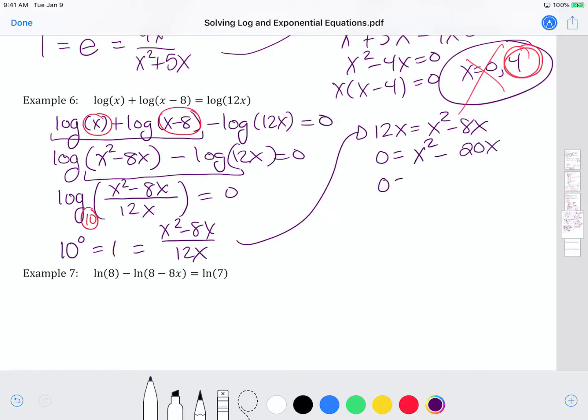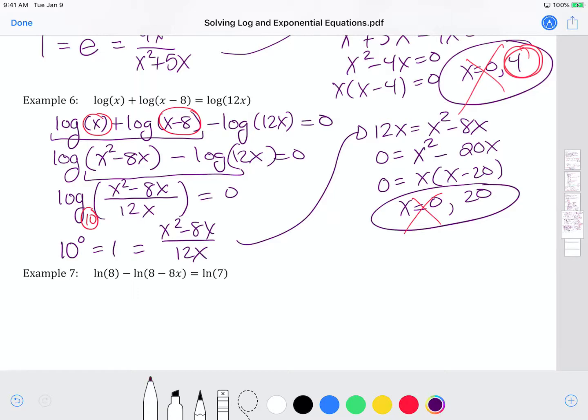And then I can pull out my x. So x is going to be 0 or 20. So this is what we need to check. I can't plug in 0 because that would give me the log of 0 or the log of a negative number. So 0 doesn't work.